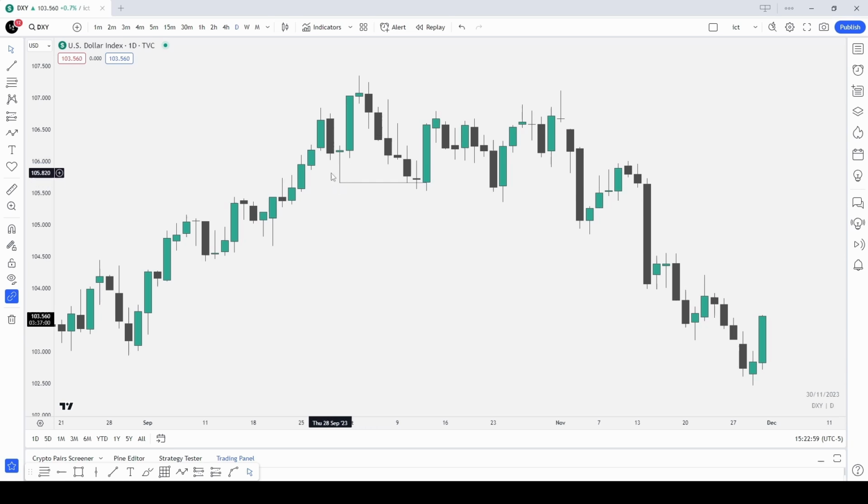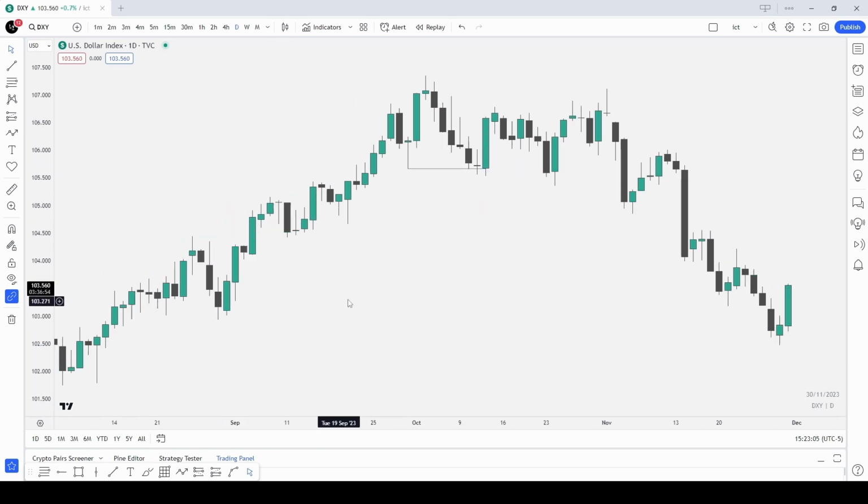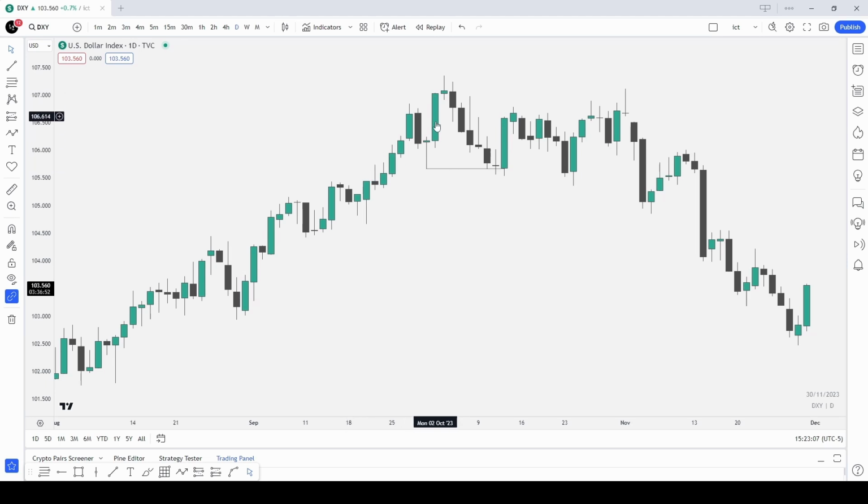Why are they nice areas of liquidity? Because retail have their stop losses below these points. So everyone who's long in this move upwards, they're long and put their stop losses below these points because they look like clear lows. And retail logic says support should hold as support and these should not be traded below.